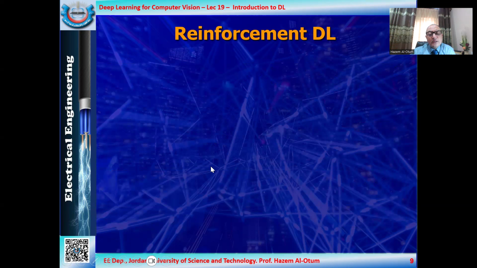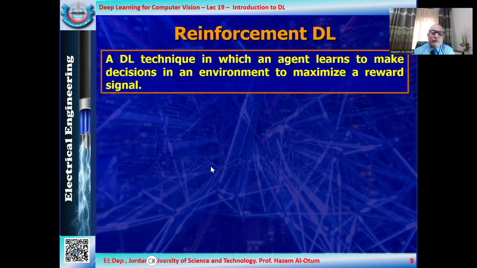Reinforcement deep learning, again, repeats the reinforcement machine learning algorithms. In this case, the agent learns from trial and error, from its mistakes, and from getting a reward for a positive or correct answer. And this makes the agent learn to make decisions in an environment to maximize a reward signal.